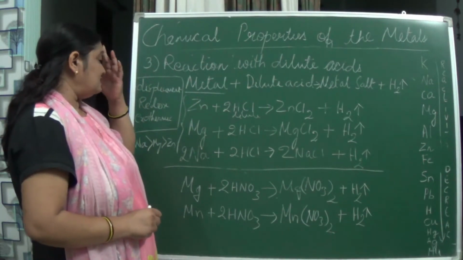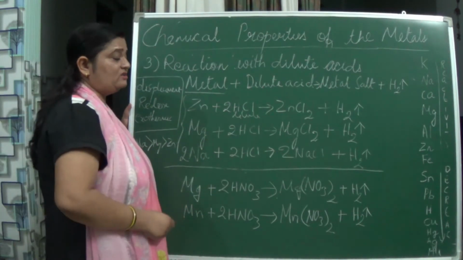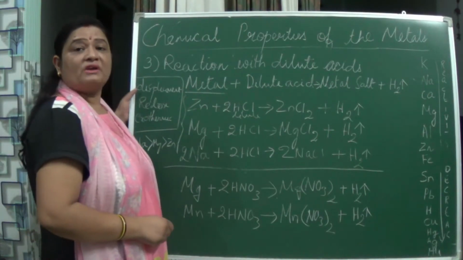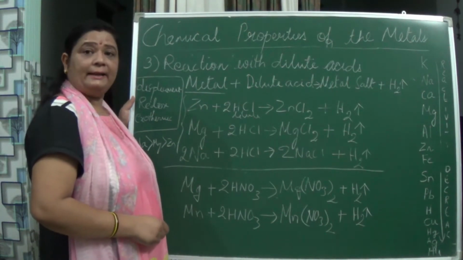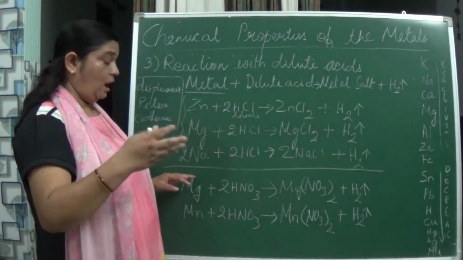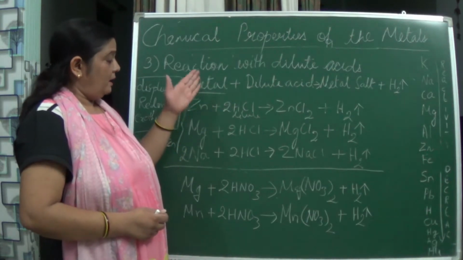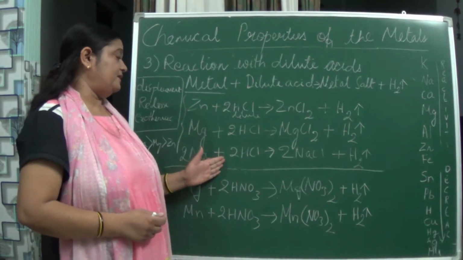With dilute acids, will gold and silver give the reaction so easily? Gold will not give the reaction. We will study later, with aqua regia, how it reacts. So here I have written the reaction with HCl.